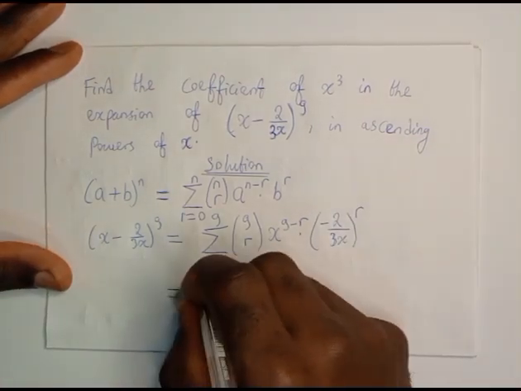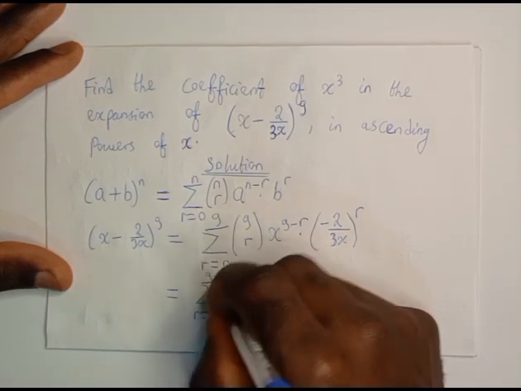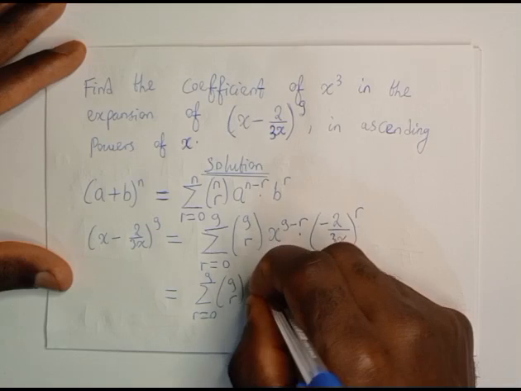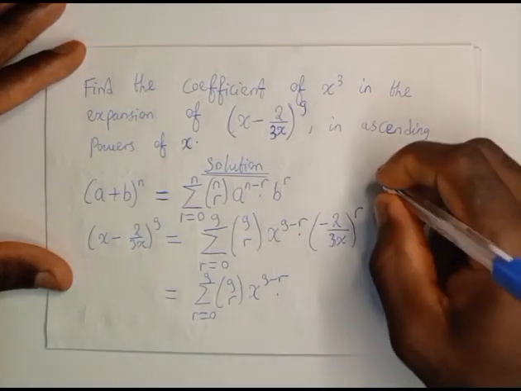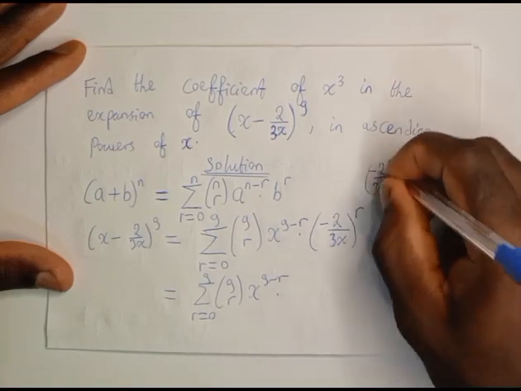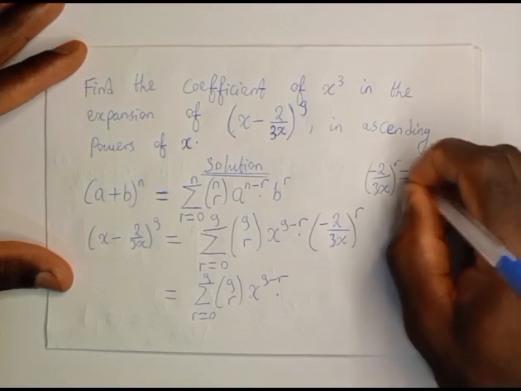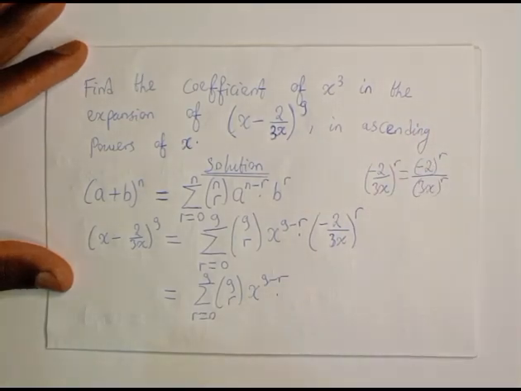This will simply be equal to summation r equal to 0 to 9 of 9 combination r of x raised to the power 9 minus r times negative 2 on 3x raised to the power r, which is the same as negative 2 raised to the power r all over 3x raised to the power r.